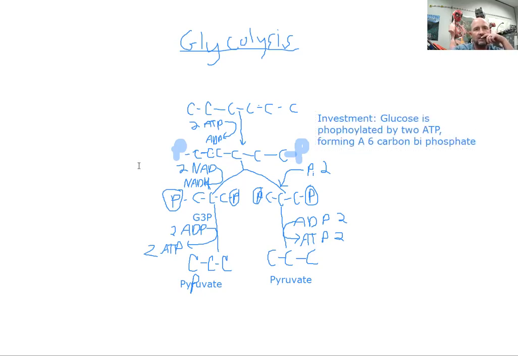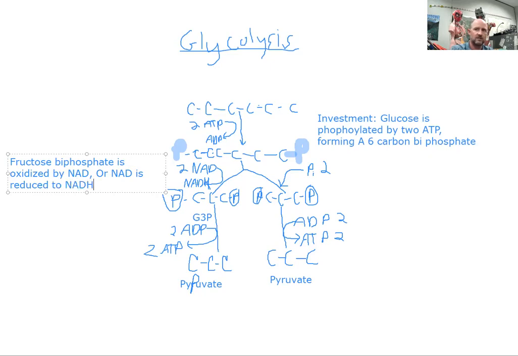Okay, our next stage is over here. Fructose biphosphate is oxidized by NAD, or NAD is reduced to NADH.